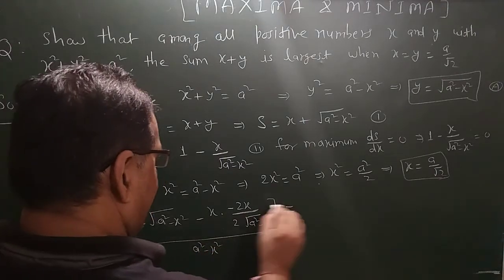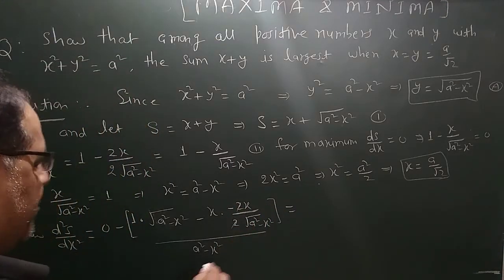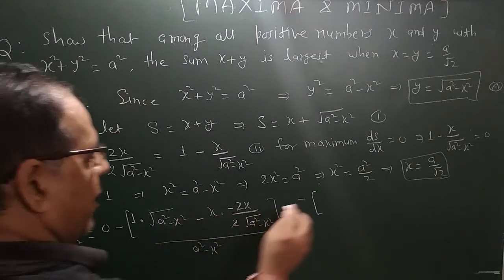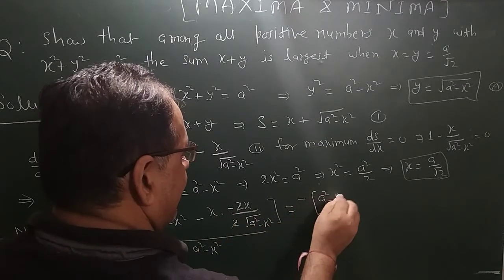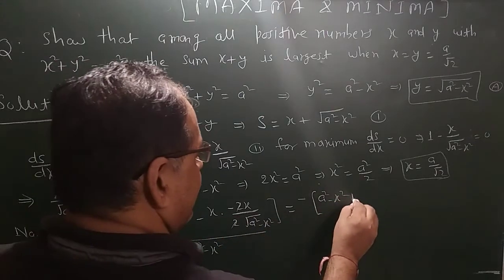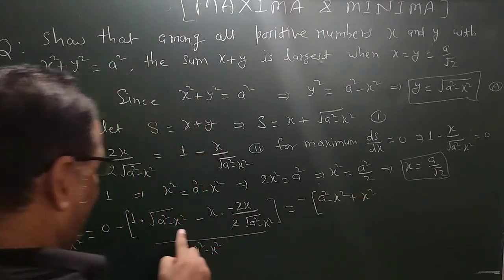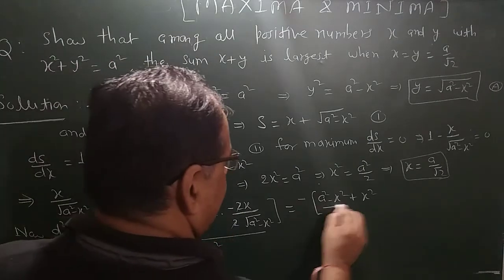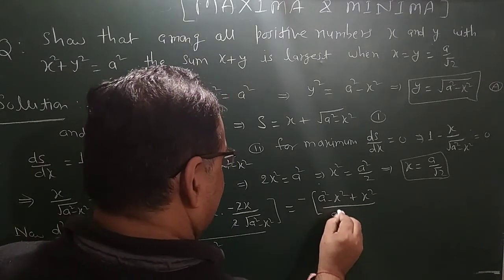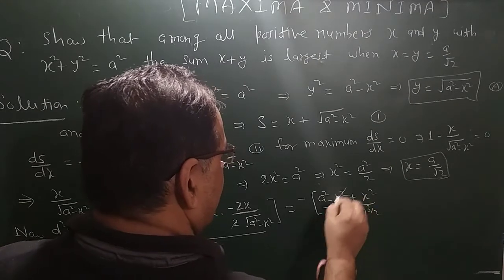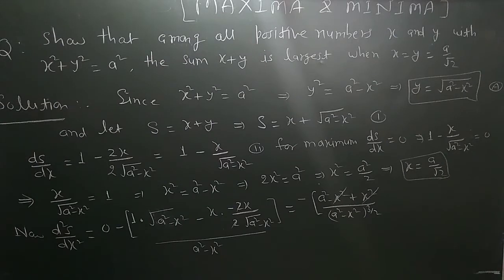So 2 and 2 cancel out, minus a square minus x square plus x square upon a square minus x square whole power 3/2. x square cancels out here.